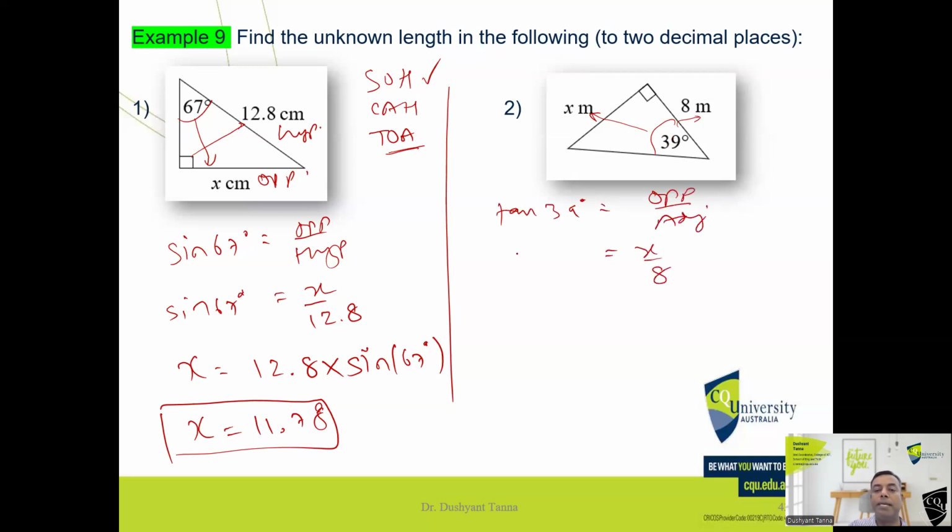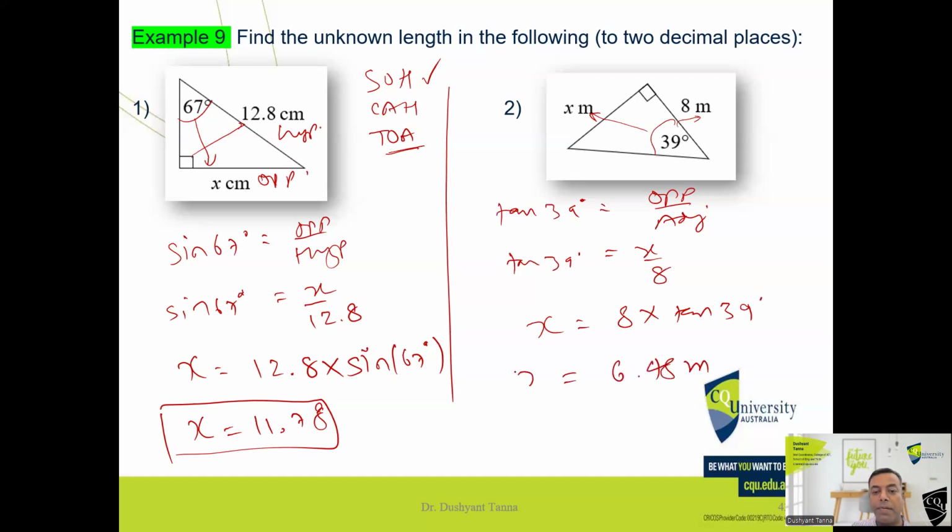Is x over 8 is tan 39, right? Therefore, x is equal to 8 times tan 39, and that is 6.48. That's what we got. Thank you very much.